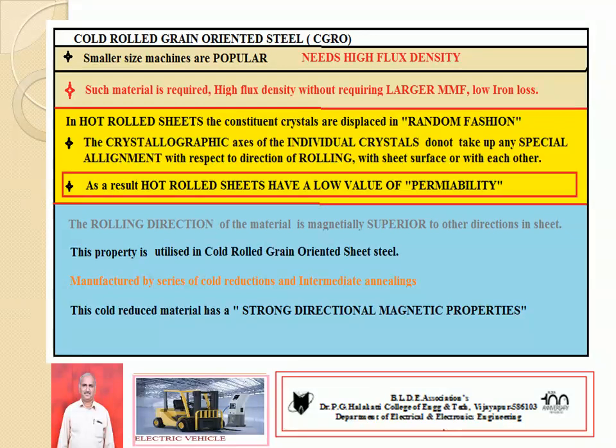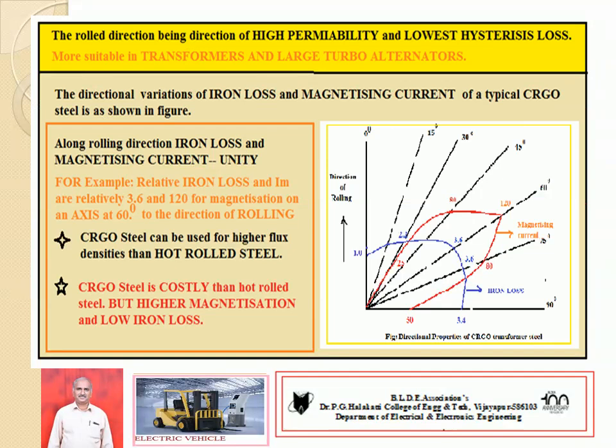Getting the idea? Hence, materials that are cold rolled or cold reduced have strong directional magnetic properties, the rolled direction being the direction of higher permeability and lower hysteresis loss.